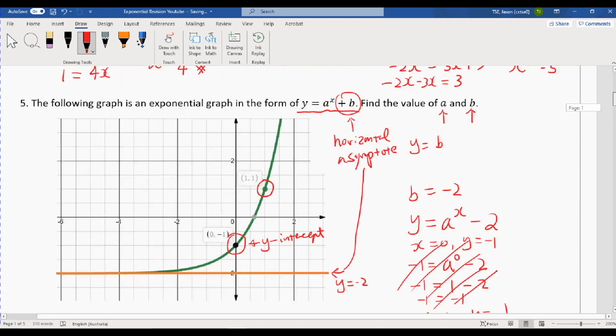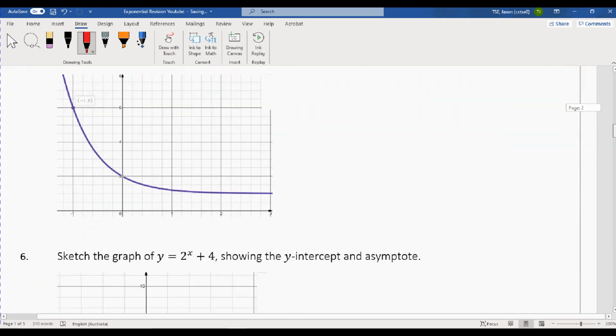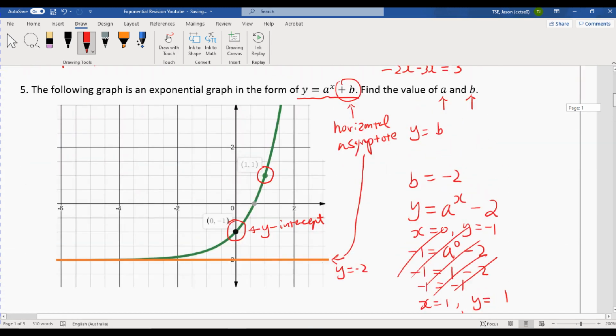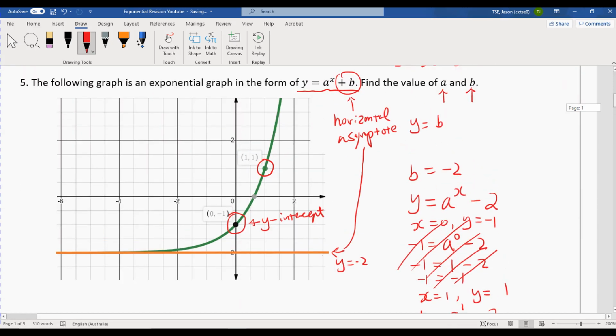When you compare question 5 and this, this is also question 5. Actually, it should be question 6, but it doesn't matter, right? So when you compare the graph in green and this graph in purple, you see they are a bit different.